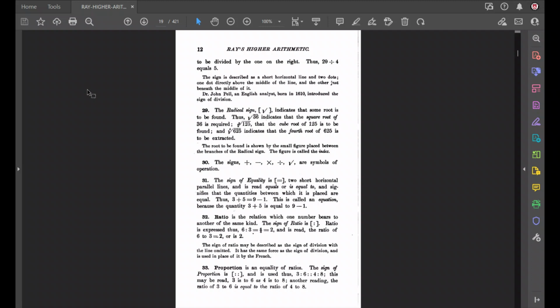And I've already given you an example of this because when we have a comparison of ratios, I use the equal sign here just to show you that this ratio is equal to this. But we wouldn't use an equal sign to show the equality of two ratios. We use the sign of proportion.